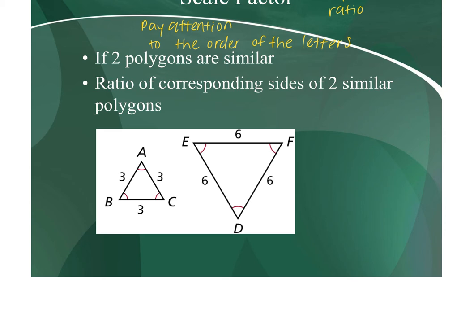So let's imagine that ABC and DEF are similar polygons or similar triangles, okay? If they're similar, then each of the relationships between the two sides should be the same ratio, okay? So let's take ABC to DEF.